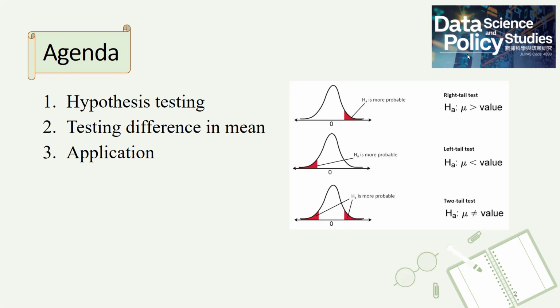So basically, you have to look for a critical value which determines the cutoff, also the boundary between the red and the white region, and then you compare the critical value with your calculated test statistic and see whether your test statistic deviates far from 0 or not, and then you are going to decide whether your test statistic will be located in the red region or not.